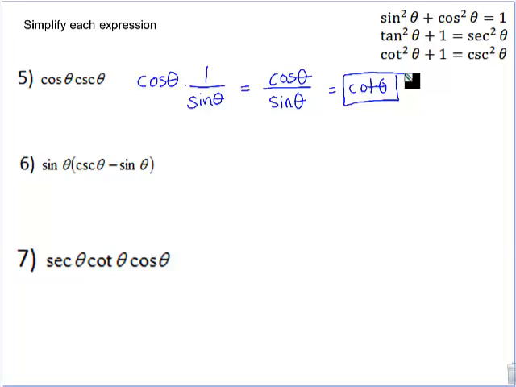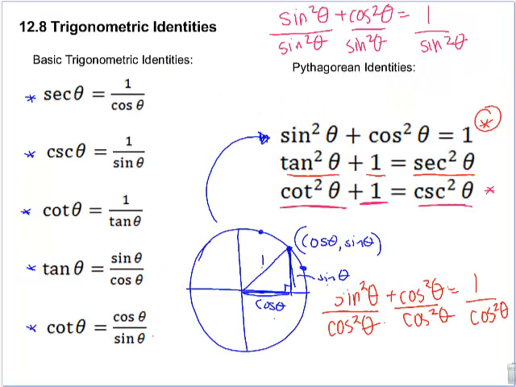All right, let's try another one. Sine of theta times cosecant of theta minus sine of theta. Cotangent is cosine over sine, or 1 over tangent. You can look at it in either way.